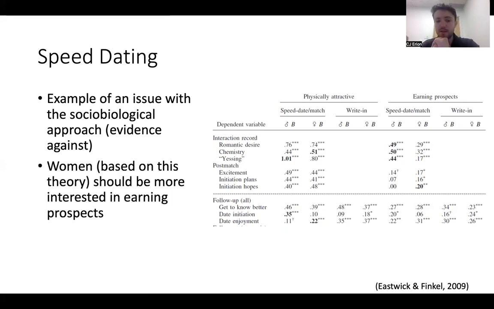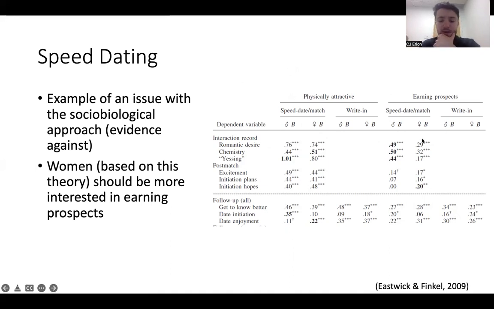Based on the sociobiological theory or approach, women should be more interested in earning prospects. As we see in this table here on the right, that's not what we find. So we have males, females, and then physical attractiveness and earning prospects.